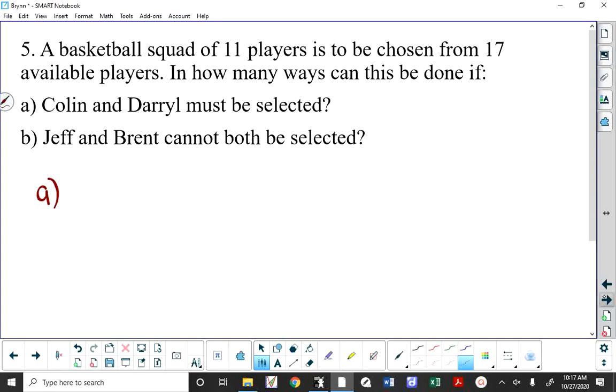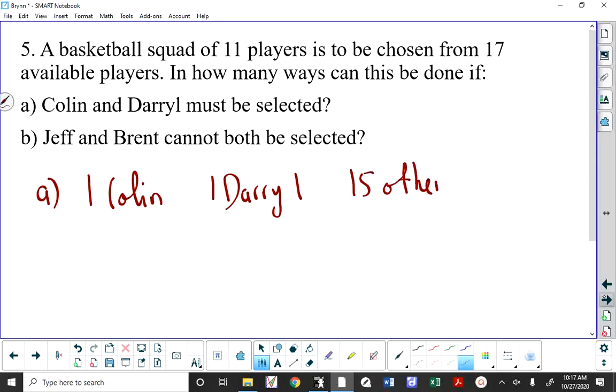Rather than talking about 17 people, I'm going to talk about 1 Colin, 1 Daryl, and 15 other people. So if we want 11 players and Colin and Daryl must be selected, then of the pool of one Colin, you need to choose that one Colin.